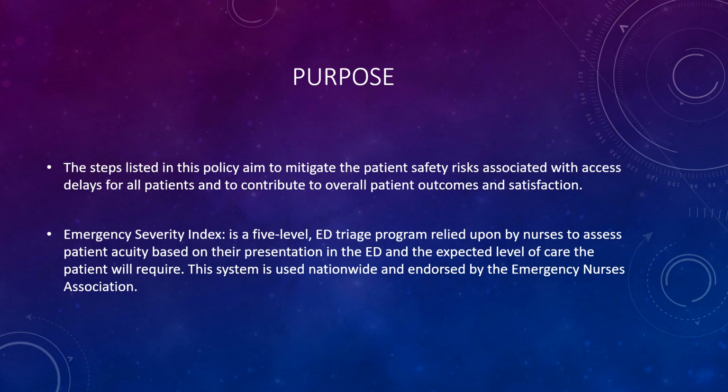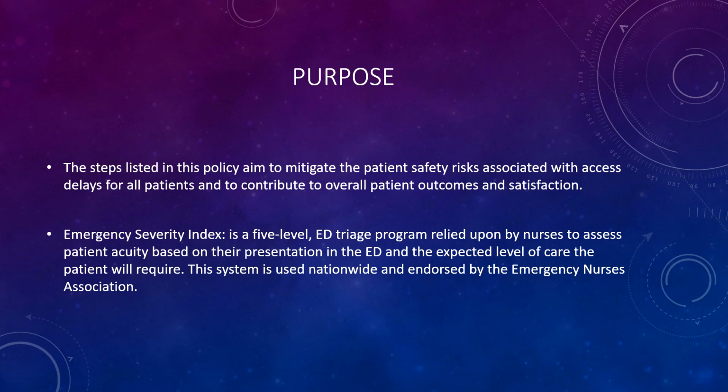First one being the Emergency Severity Index, also known as ESI. This is a tool that is validated and has been around for a very long time. It essentially breaks all patients into ESI categories of either 1, 2, 3, 4, or 5.